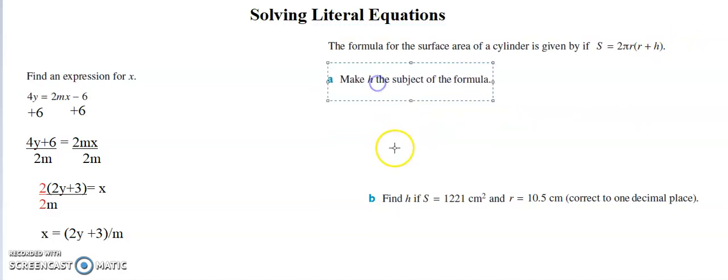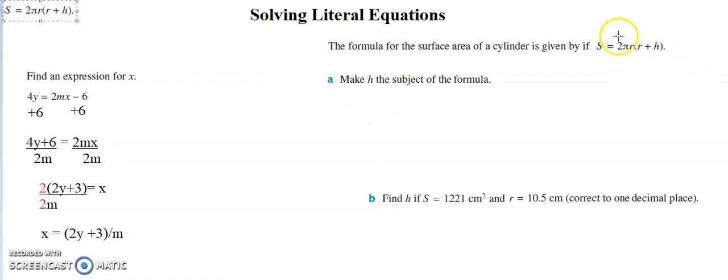The first thing we are going to do is make h the subject. To make h the subject, it's in the brackets. The whole brackets is being multiplied at the moment. So we need to divide both sides by what it's been multiplied by, and it's being multiplied by 2 pi r. So we need to get rid of that.